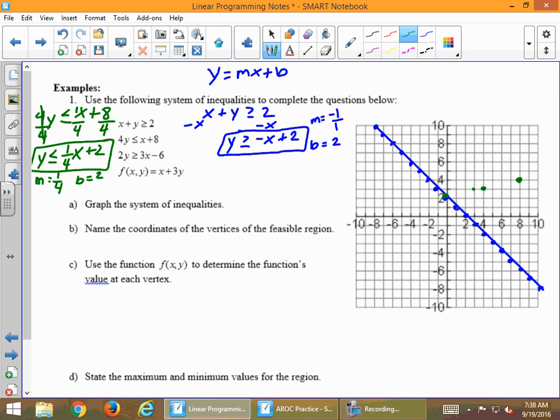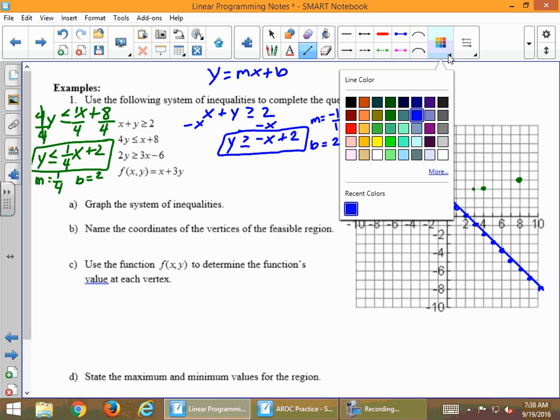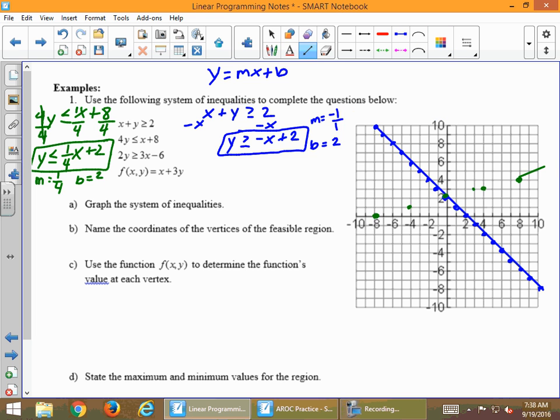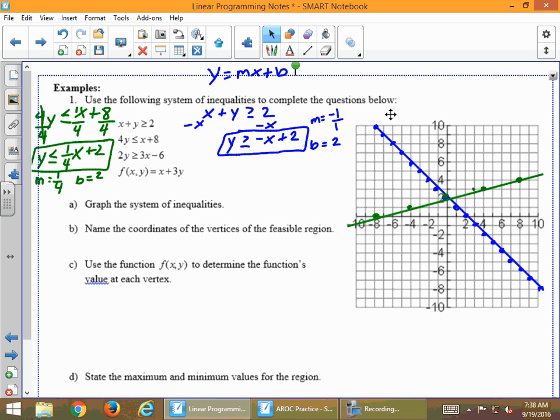And then go the opposite direction: down 1, left 1, 2, 3, 4. You're going to go all the way across your paper so you get nice and straight lines.